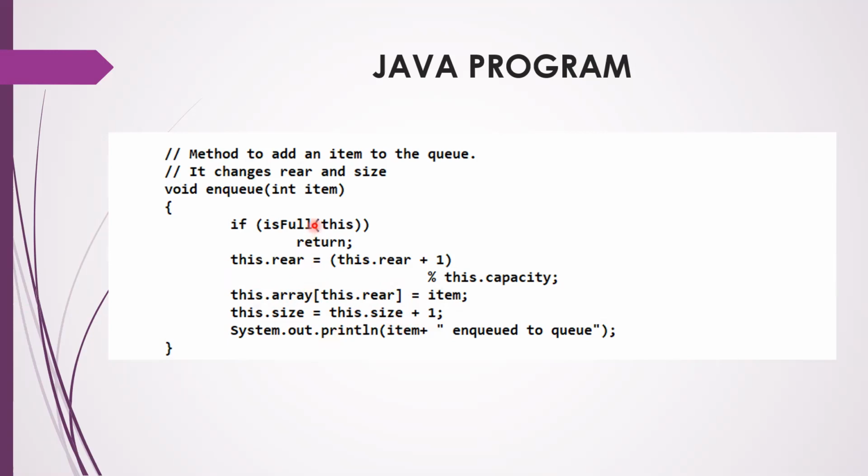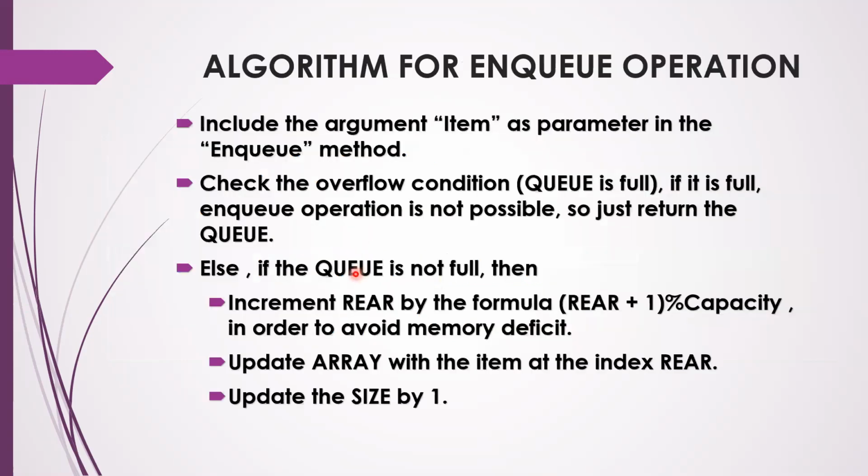So first you have to check whether the queue is full. Next you have to check the overflow condition, that is, queue is full. If it is full, you can't do an enqueue operation, so you have to return the queue, or else you can do the enqueue operation if the queue is not full.